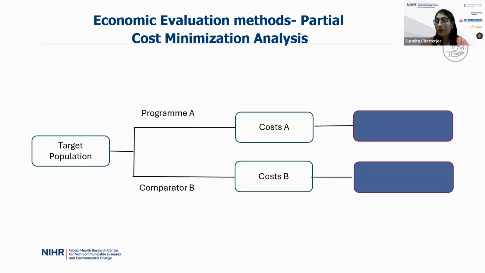If you know that both programs have the same consequence, same benefit, then you just compare the cost, and that is the cost minimization analysis. That is also partial, because you are comparing the cost, but you are not comparing the consequences. You are not doing the whole thing for the two alternatives, both cost and consequences. So this is again a partial one.